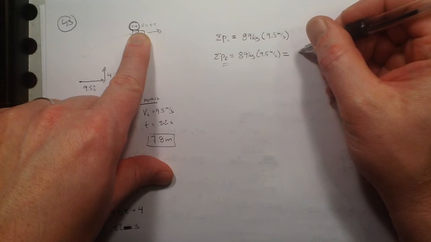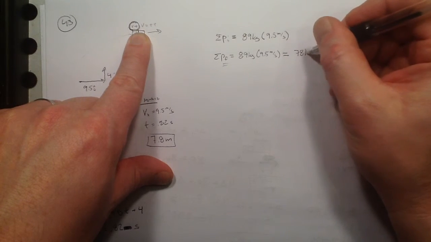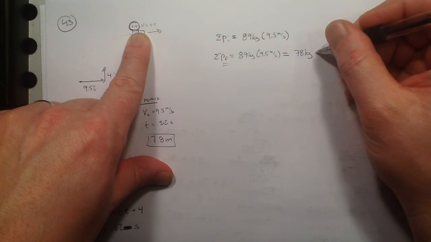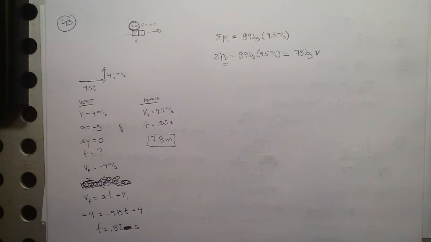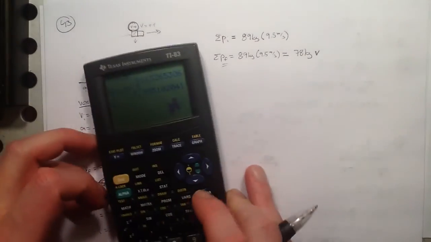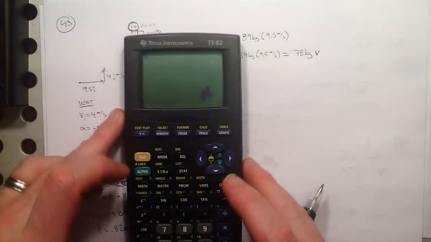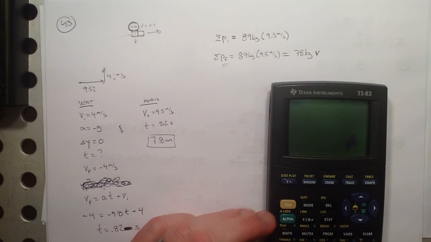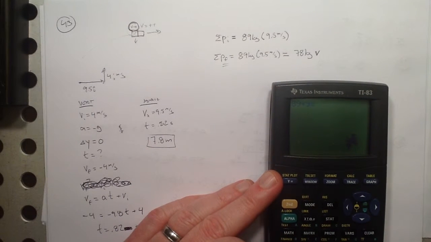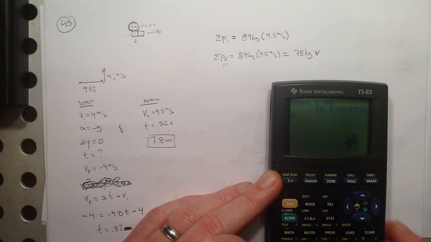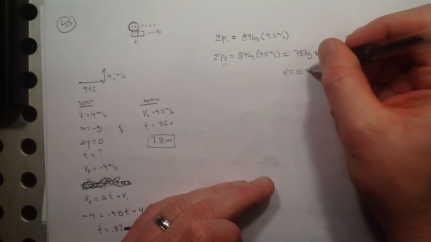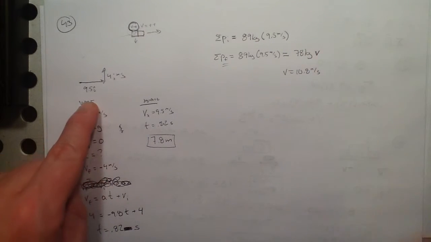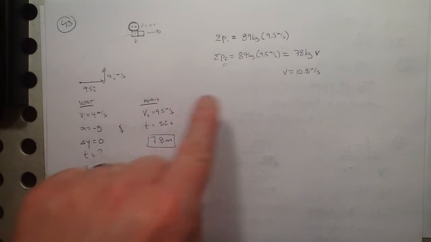So we have just the mass now of the jumper, 78 kilograms, times the new and improved horizontal velocity. Right? So we can do that. 89 times 9.5 divided by 78 is about 10.8 meters per second, compared to, was 9.5 right before?